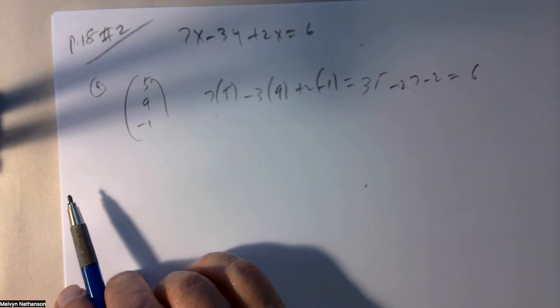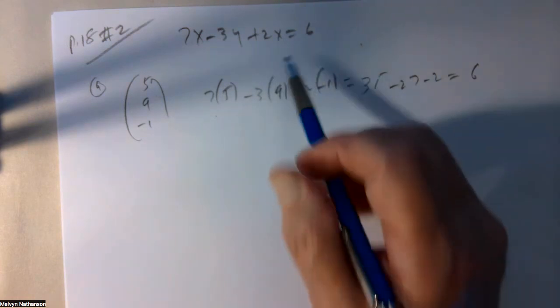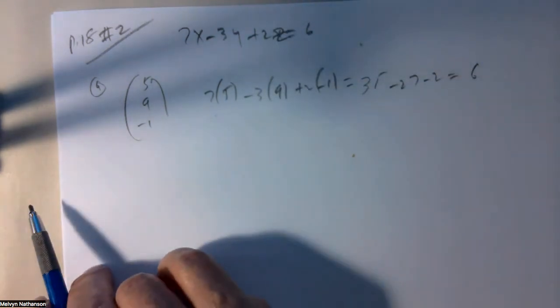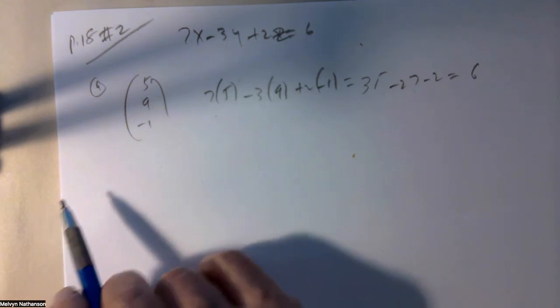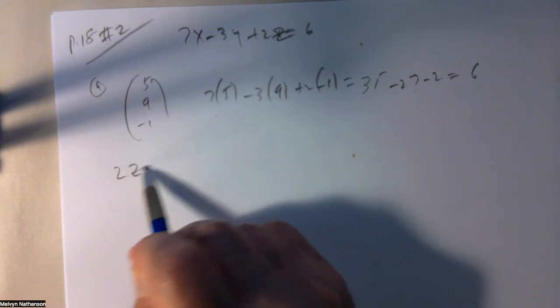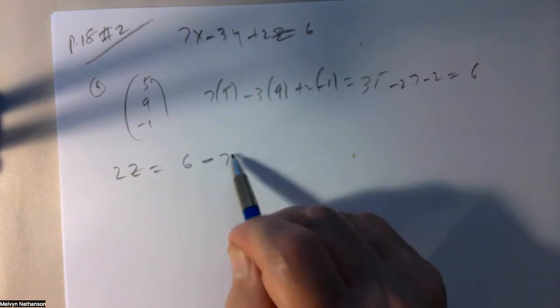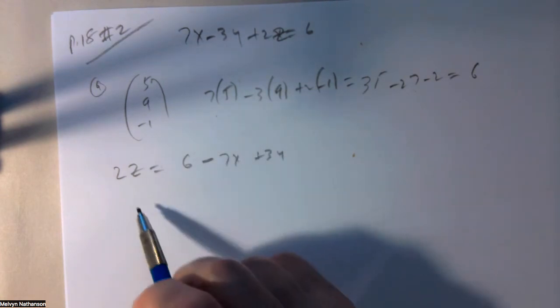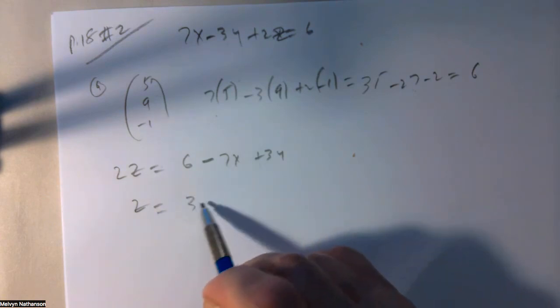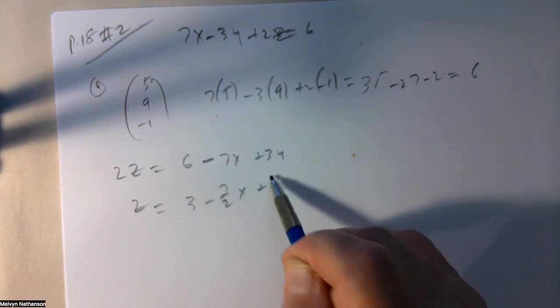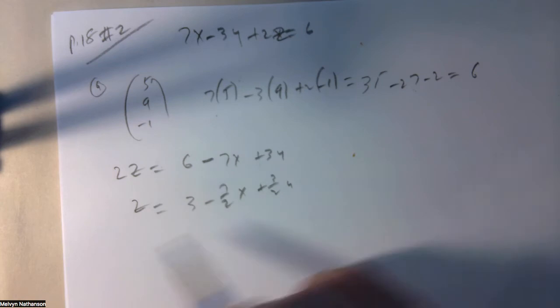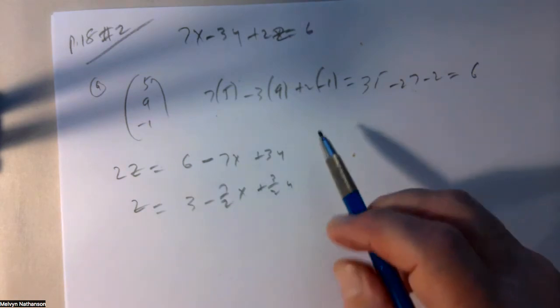If you want to find the general solution, we can solve this equation. Sorry, this should be a z. We can solve this equation for z. We would get 2z is 6 minus 7x plus 3y. So z is 3 minus 7 halves x plus 3 halves y, and I divide by 2.